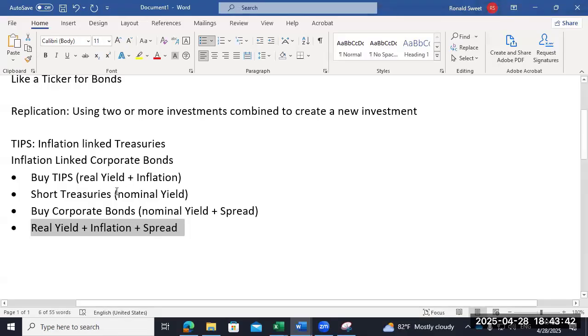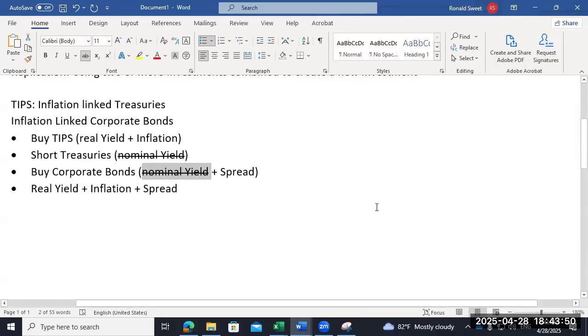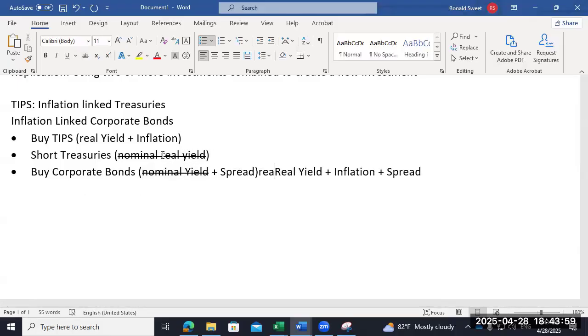Because this nominal yield and this nominal yield cancel each other out. All right, y'all see that?